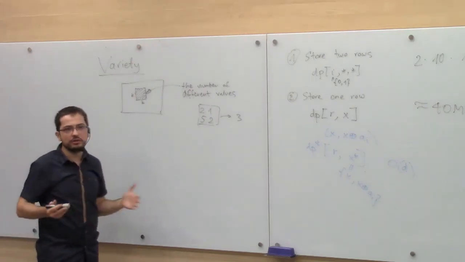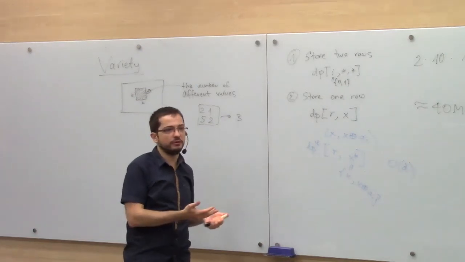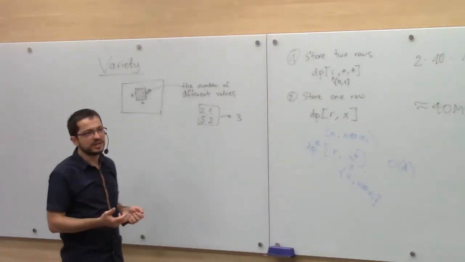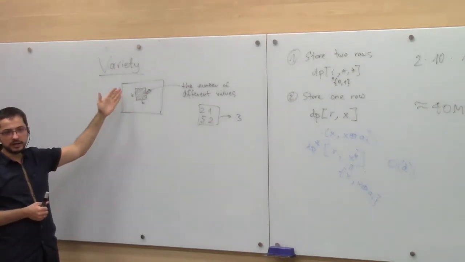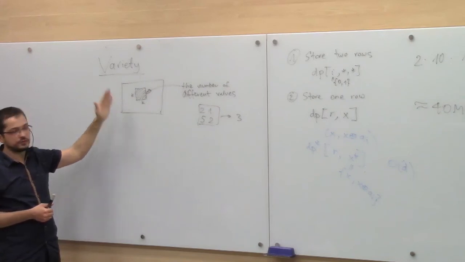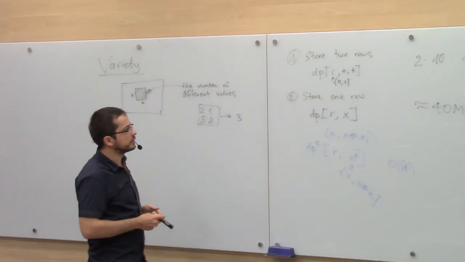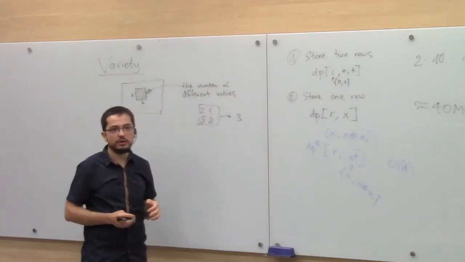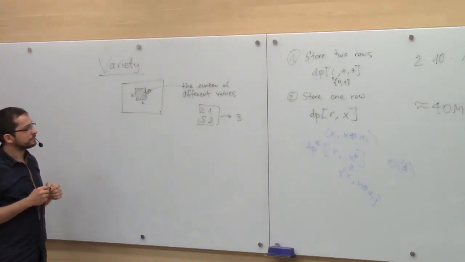But this was only for the answer to be small. In our algorithm, we will really calculate the number of different values for every possible square. So the solution will be a little bit more general than what is asked in the problem.